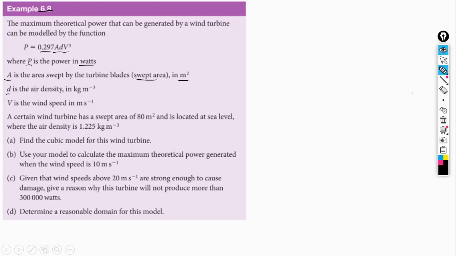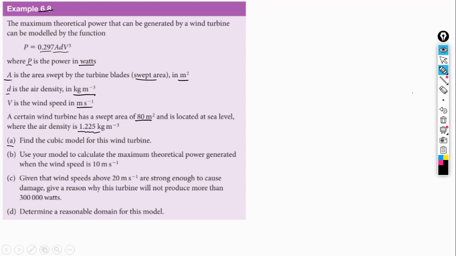D is the air density in kilograms per cubic meter, and V is the wind speed in meters per second. A certain wind turbine has a swept area of 80 meters squared, and it is located at sea level where the air density is 1.225 kilograms per cubic meter. Part A, find the cubic model for this wind turbine.